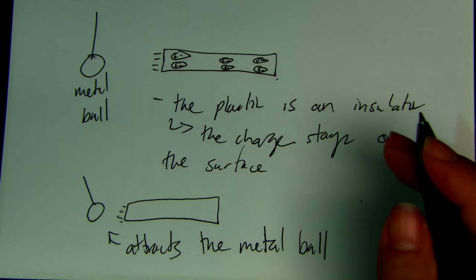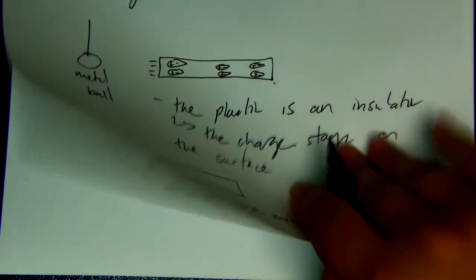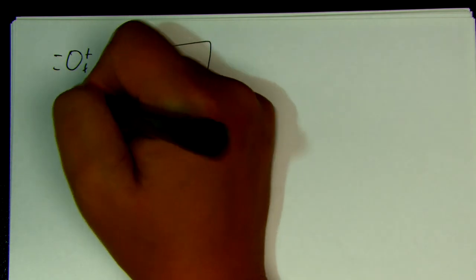All right, so let's draw a couple fields. We've got our ball, we've got our charged rod with polarized atoms, and the ball is going to experience an electric field from the rod.